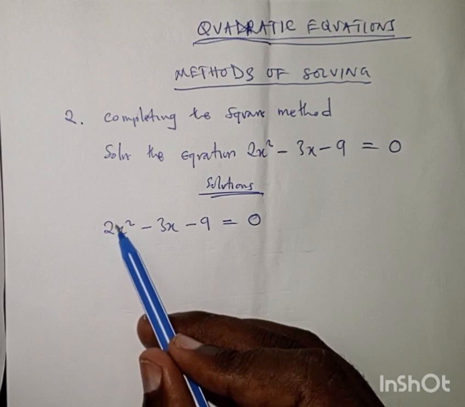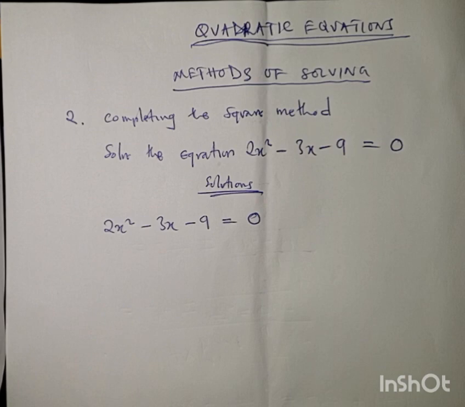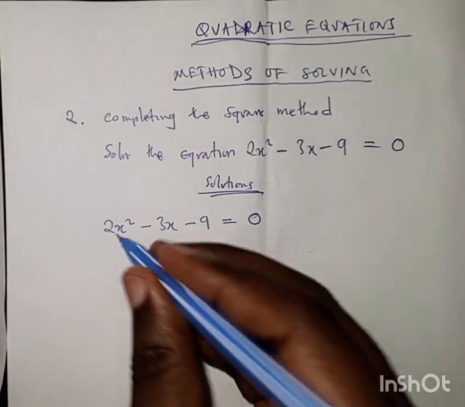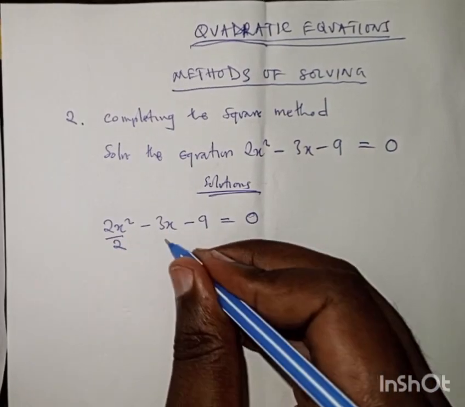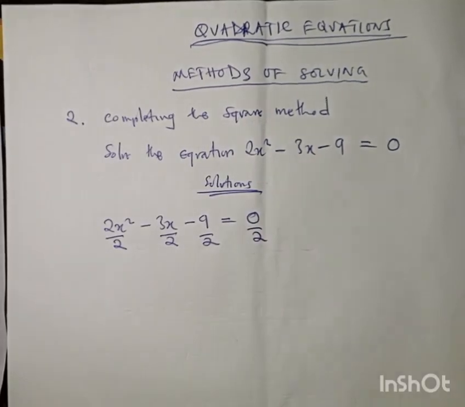To make it 1, what are we going to do? Yes, we just divide by 2 throughout the equation. So it's over 2, over 2, over 2, over 2.